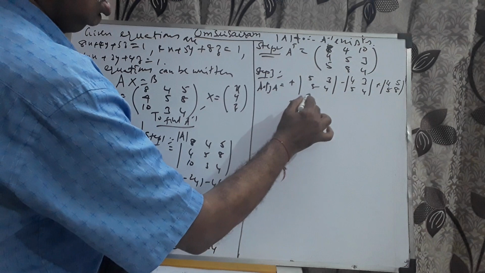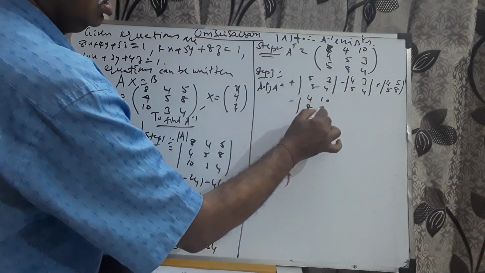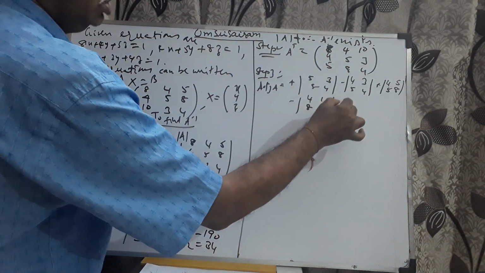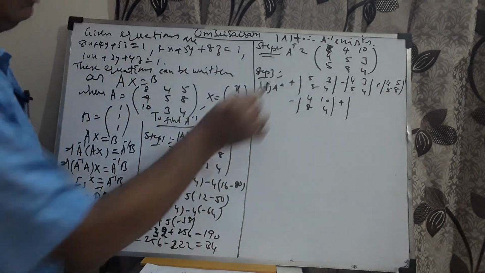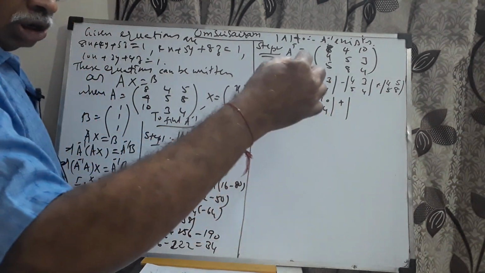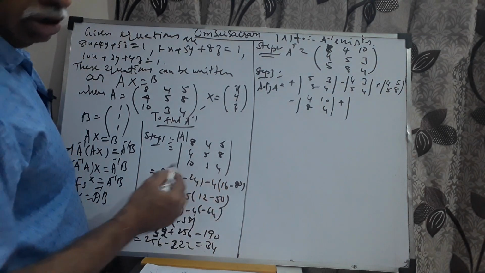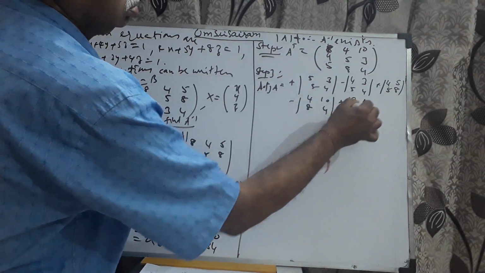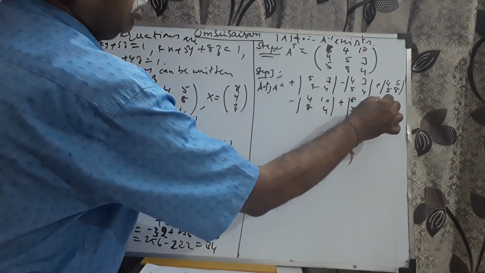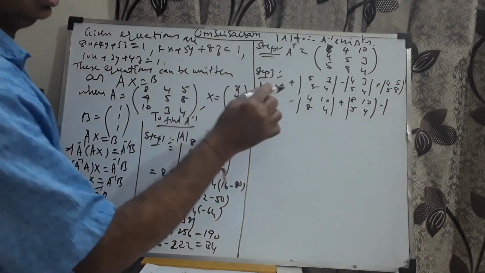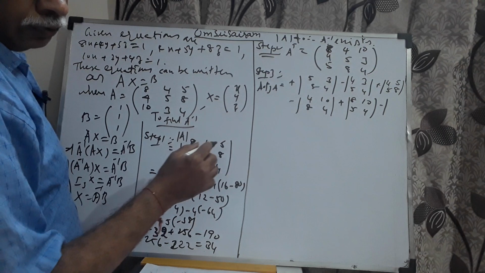Then remove the row and column. I'll get 4, 10, 8, 4. Then I'll have plus determinant, I remove the row and column, I'll get 8, 10, 5, 4. Then minus, remove the row and column, I'll get 8, 4, 5, 8.